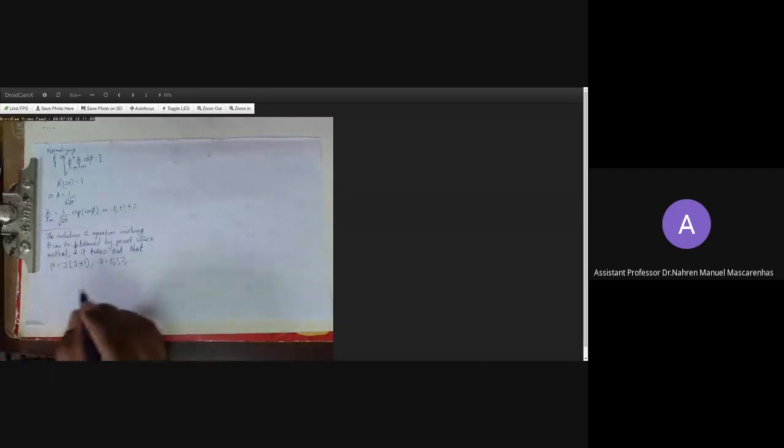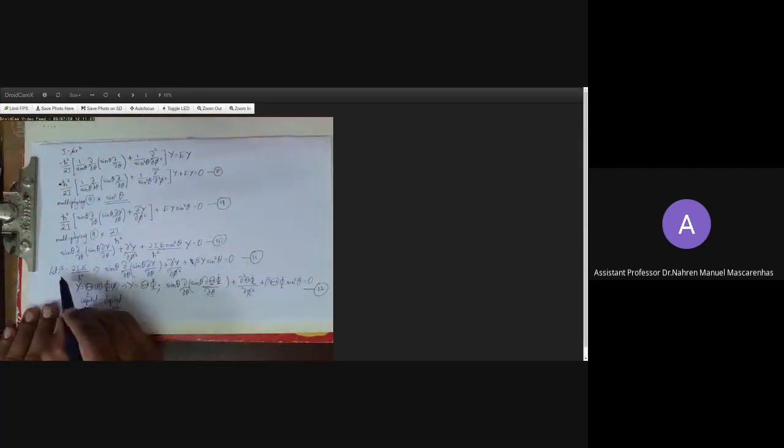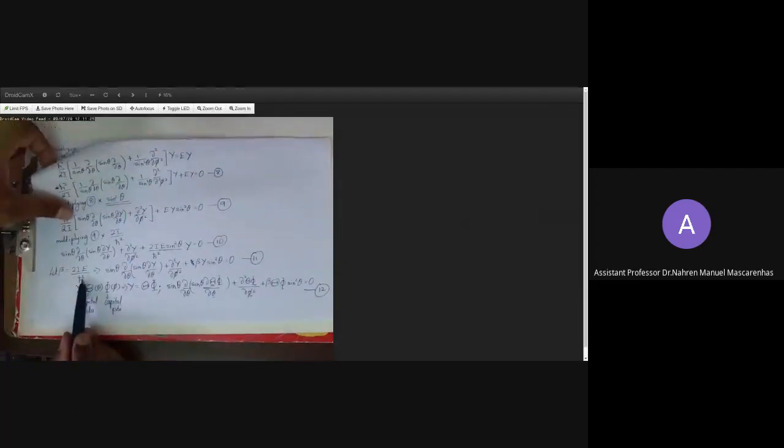Somewhere down the line we have said what beta is, right? Beta equal to 2IE by h cross square.